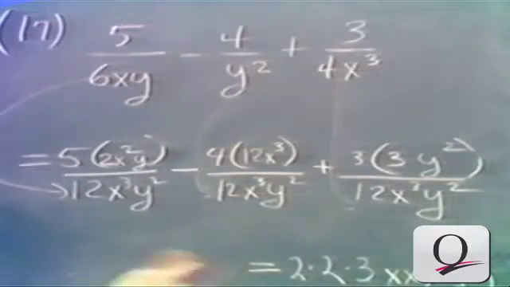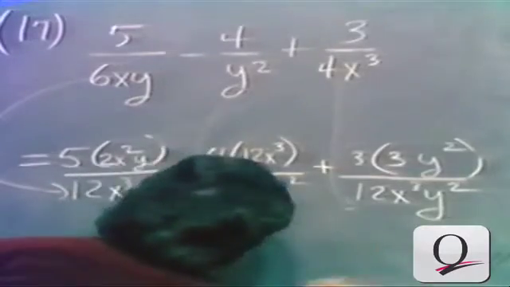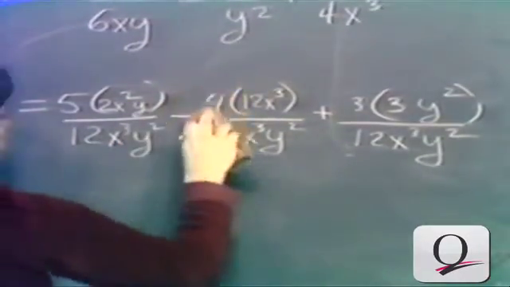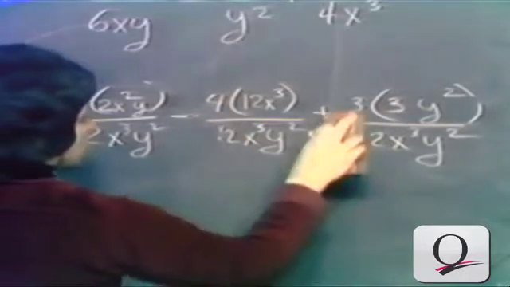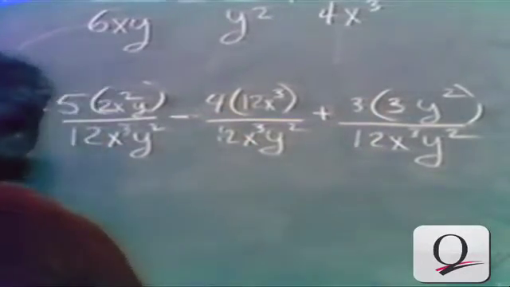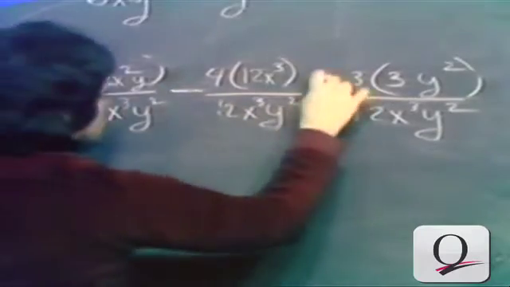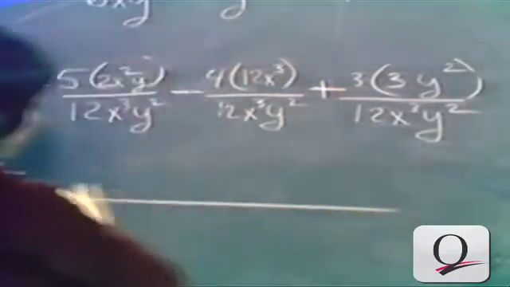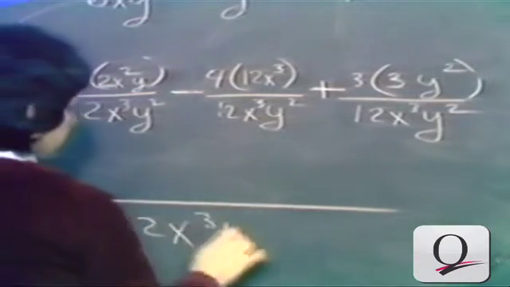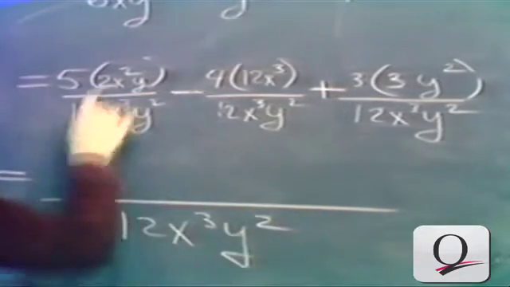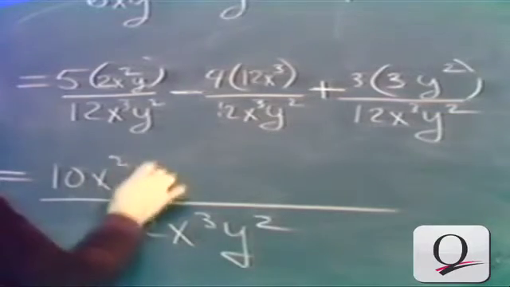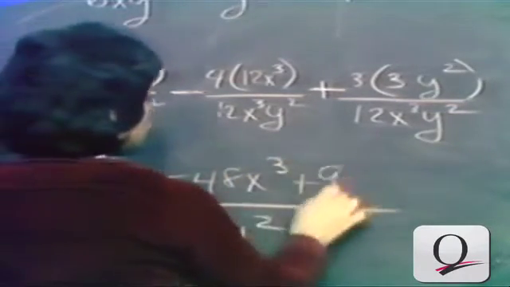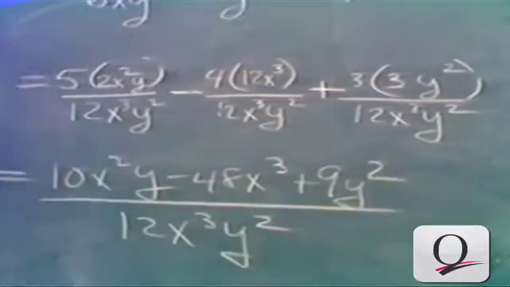We are now adding and subtracting fractions, all having the same denominator. It's this minus this plus this. Since they have the same denominator, you can combine numerators and put them over the same denominator, and we get 10x squared y minus 48x cubed plus 9y squared.